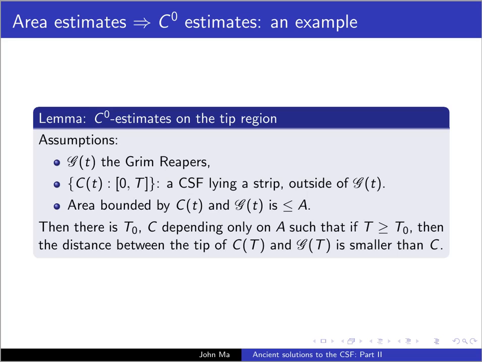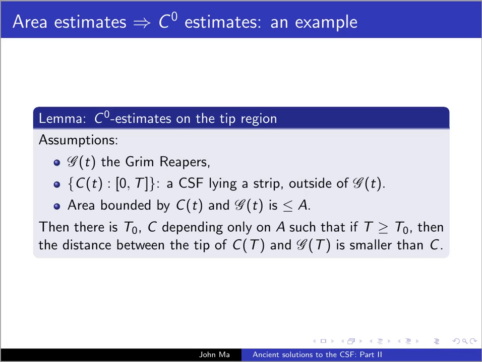This is what I call the C0 estimate at the tip region. By the tip region, I mean the region that is squeezed using the grim ripples, as opposed to the middle region which is close to the y-axis.